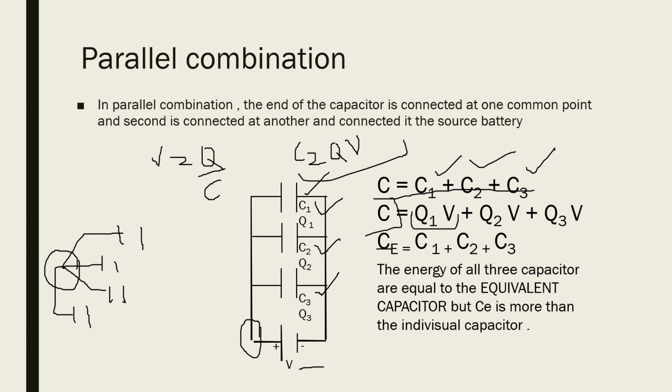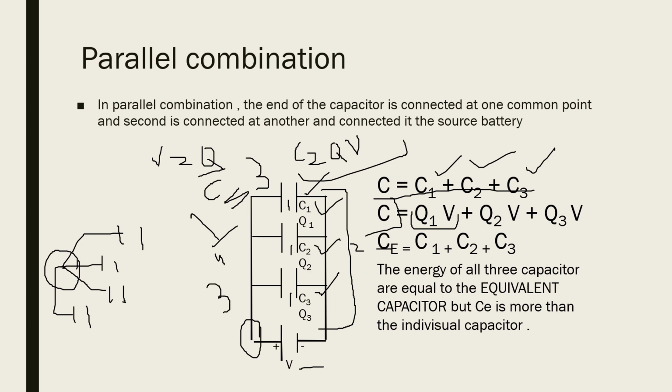Now what is an equivalent capacitor? Equivalent capacitors are those capacitors which can store, we can say, a charge equal to the whole set of capacitors. Just suppose this can store charge 1, this can store 1, this can store 1, combinedly they can store 3. Now we will replace those 3 capacitors by 1 capacitor that can store 3.